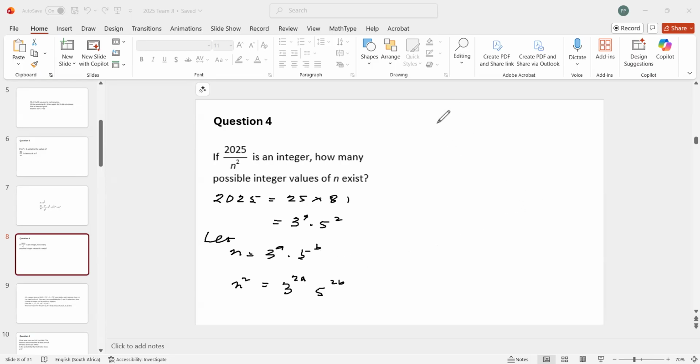So let's rewrite 2025 now in its factorized form. Here you've got 3 to the power of 4, 5 squared, and here you've got 3 to the power of 2a and 5 to the power of 2b. I see that this particular paper is asking a lot of questions on indices.